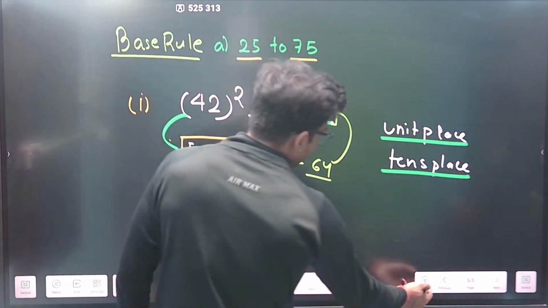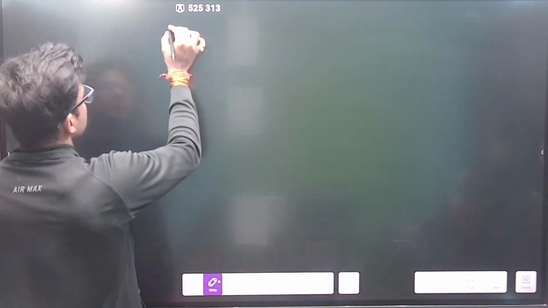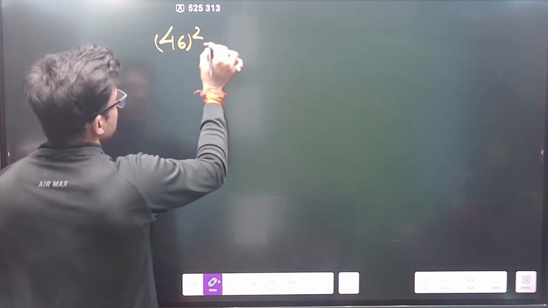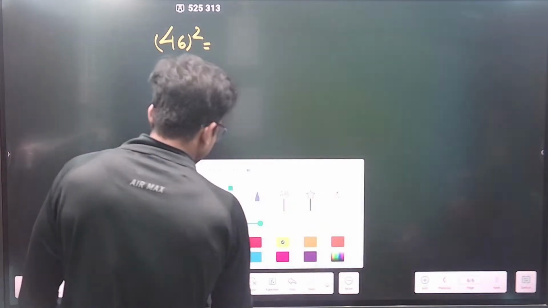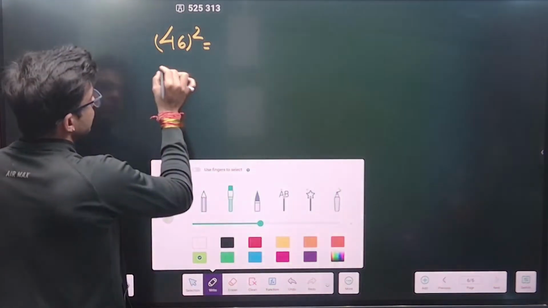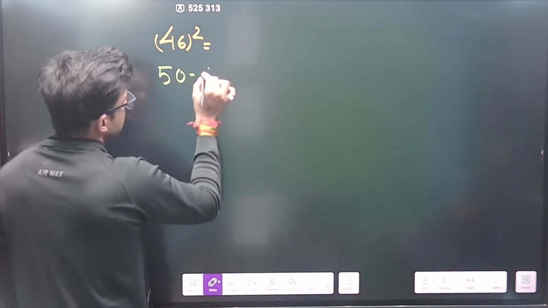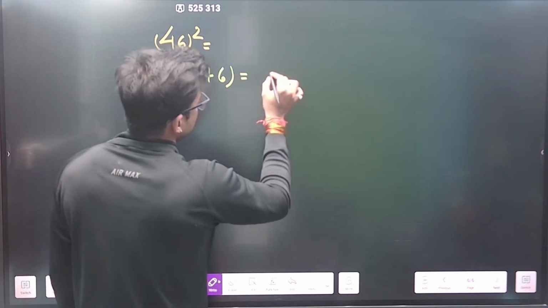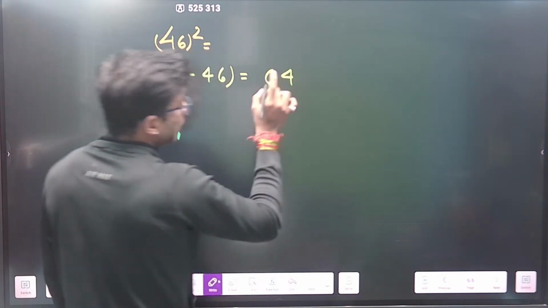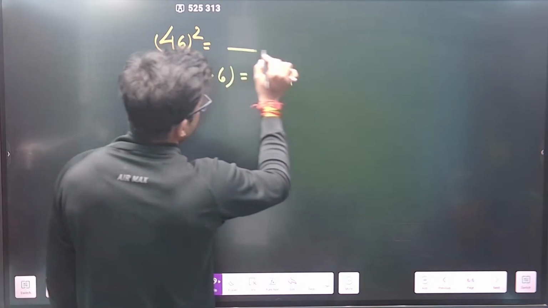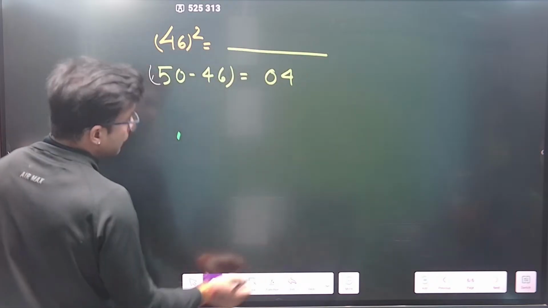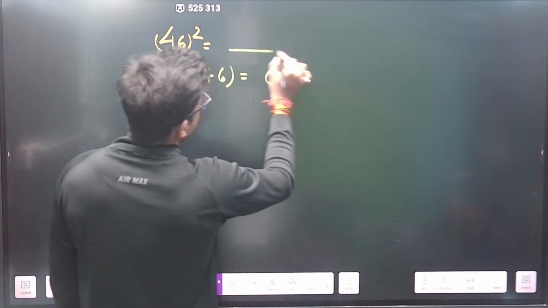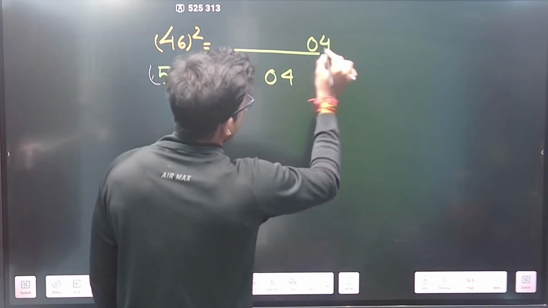Let's go for 46 ka square. Again the rule is to compare this value with 50. So 50 minus 46 is 4. Write down 04, because you need to write the last two digits.